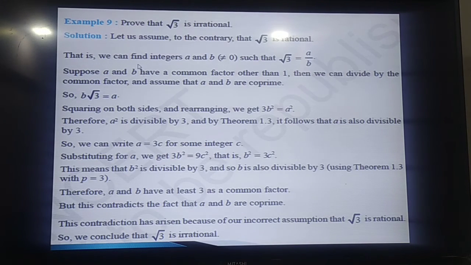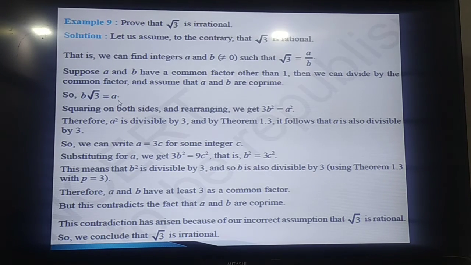In the similar manner, if we replace 2 by 3, then with the same steps we get the proof that root 3 is not a rational number. For that also we can start from the step: let us say root 3 is rational, then root 3 can be expressed as a by b, where a and b are integers, b is not equal to 0, and a and b are coprimes, means they have no common factor other than 1.